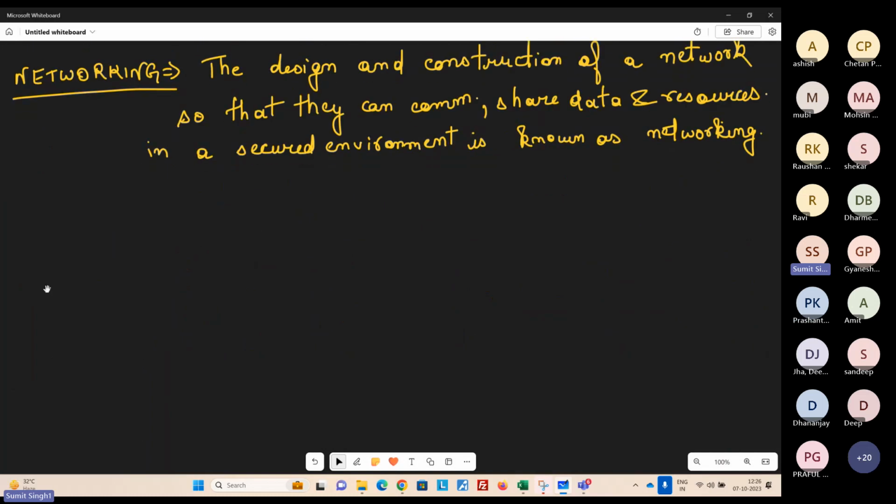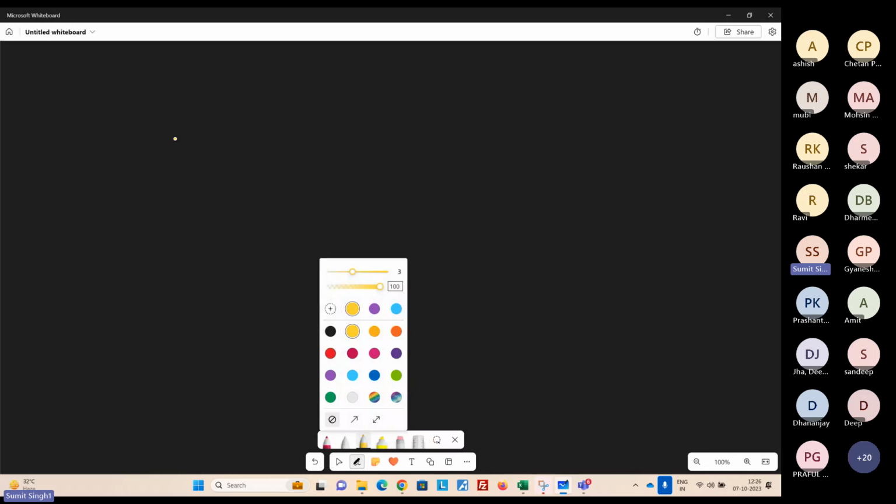Okay, let's go ahead. Let's talk about networking devices we have. So what are the devices we have, anyone? Let's start from LAN. What do we have at LAN level?